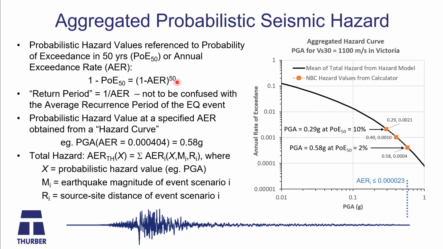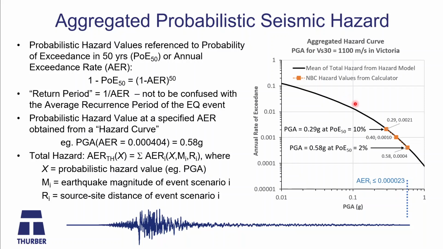The hazard values we use for design, these UHRS values, come from what we call a hazard curve. This figure on the right is a hazard curve. It plots the annual rate of exceedance of any particular value.